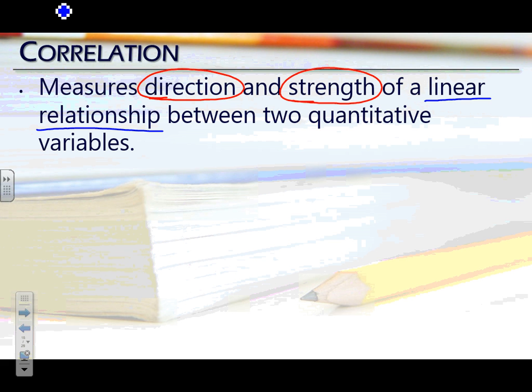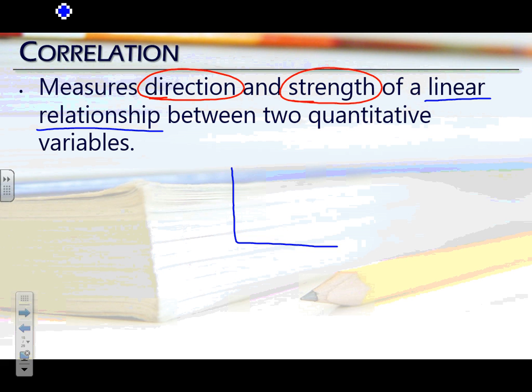If you have a scatter plot that is nonlinear, you would not want to use correlation to determine the strength of your particular association. Okay? The reason for that, and we'll talk about how we know what's strong and what's weak with correlation, but for now, just know that a weak correlation would be something around 0.